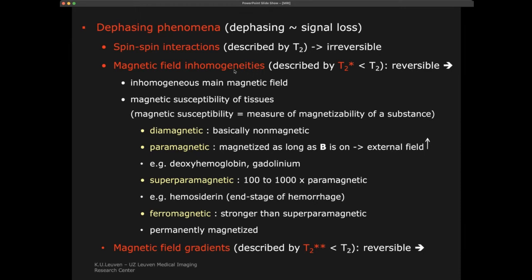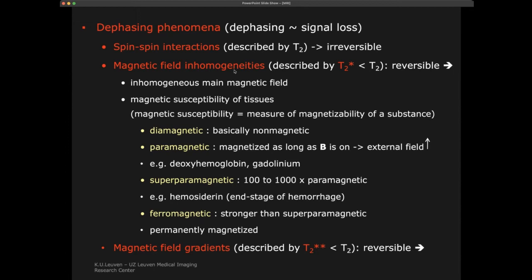But at the same time, what happens is that our main magnetic field is not perfect at all. It's not perfect because the technology is never perfect, but also because there will be large changes in some tissues.